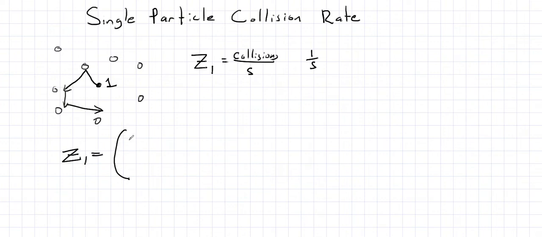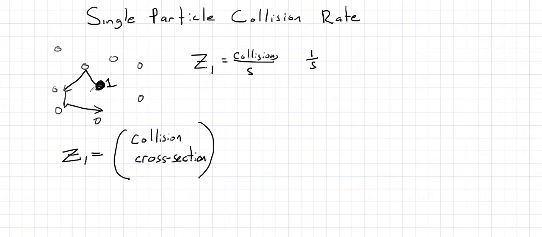First, the collision cross-section. So if we imagine that each of these particles are mathematical points, they can't bang into each other because there's nothing to bang into. But what if instead of being a mathematical point, they were really big?